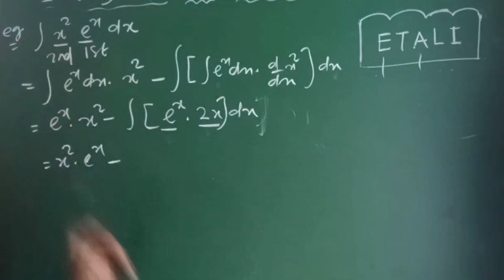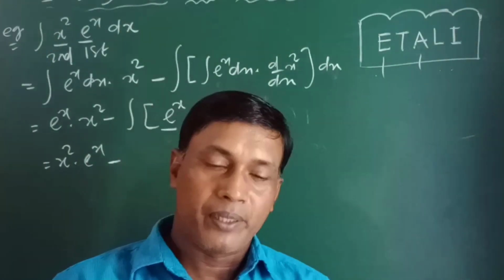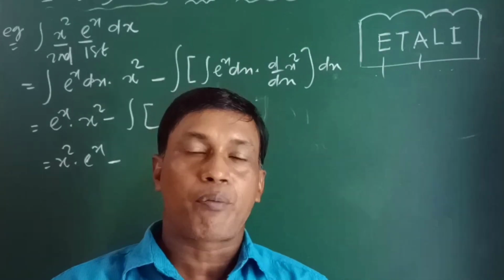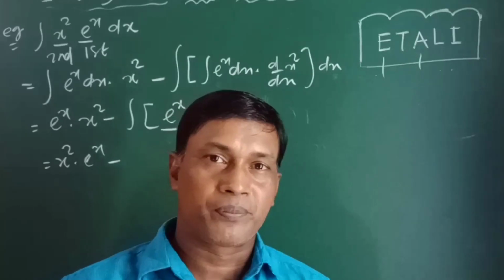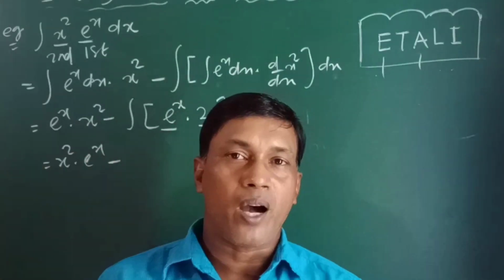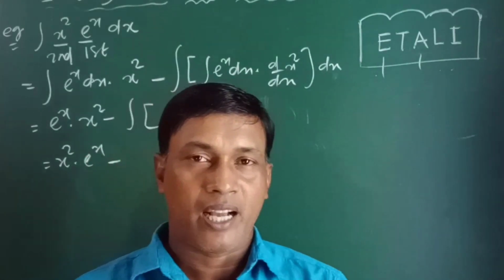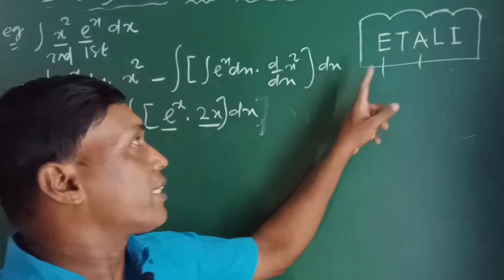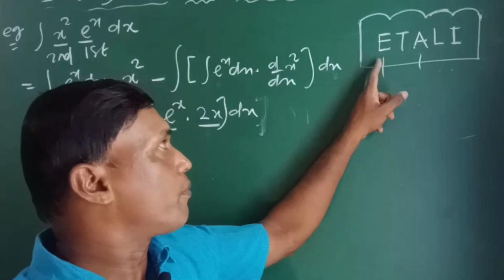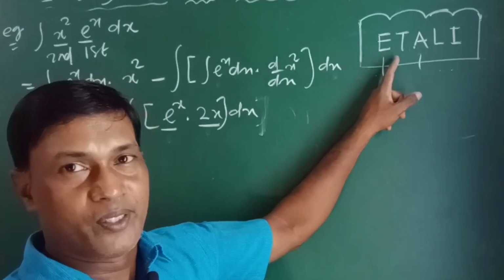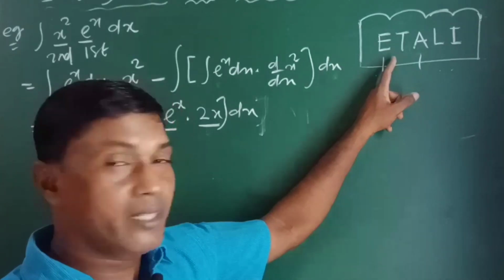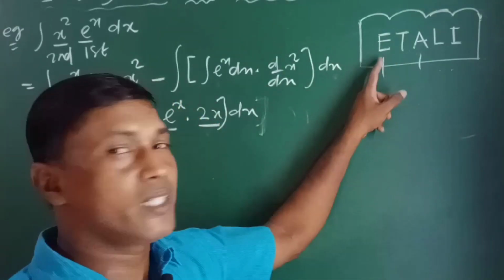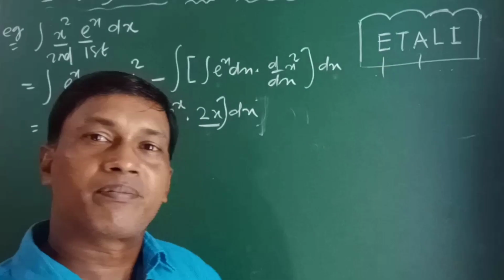If you are given two functions in product form and you have to apply by parts, suppose one of these two functions is an exponential function and another is any function. Since the exponential function comes first in ILATE, remember this very important thing: the exponential function is always the first function.